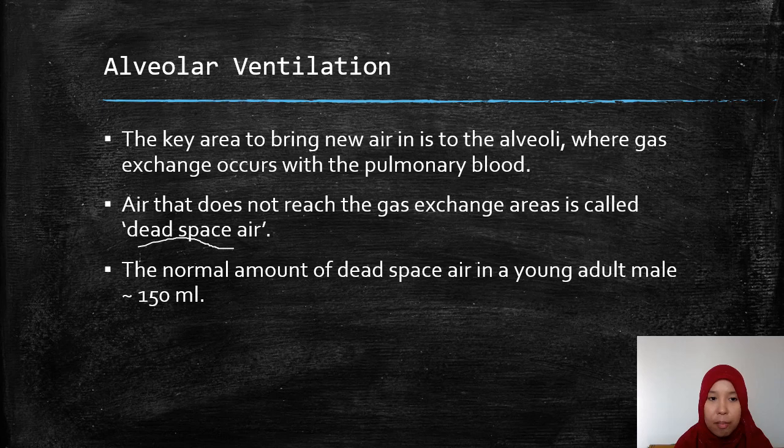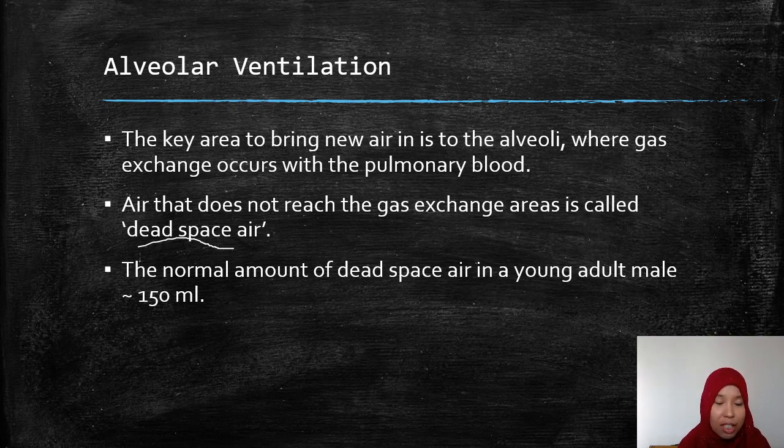Whereas physiologic dead space air is when, for example, previously we've talked about ventilation and perfusion, right? Where there is ventilation, but there's less perfusion, and because of that air is there but not involved in gas exchange.